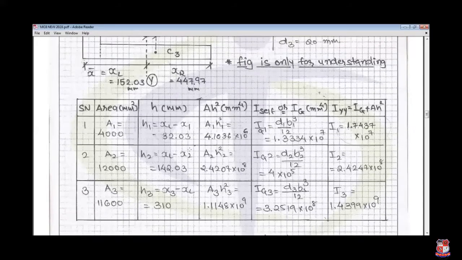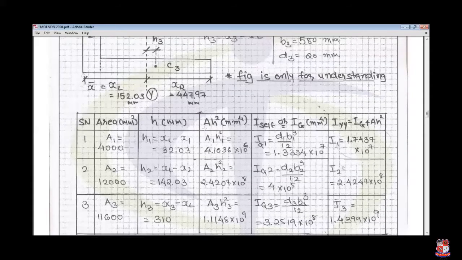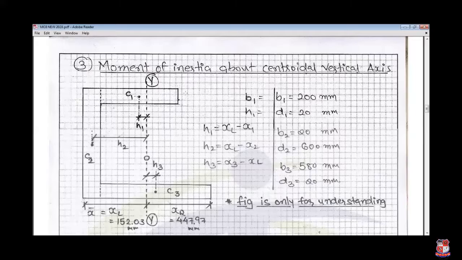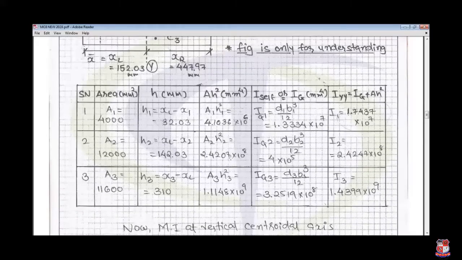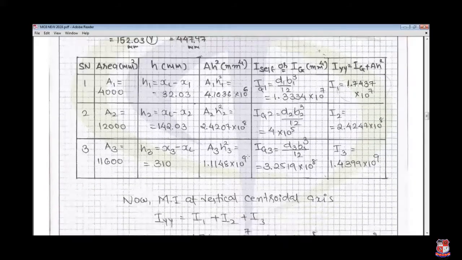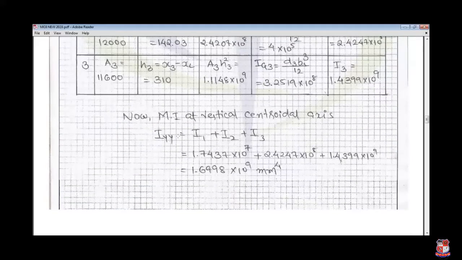So you calculate h1, h2, h3, Ig plus Ah square, again the self term. Here you have to modify: db cube by 12, whereas previously we used bd cube. So simply you can calculate from here, and easily get I1, I2, I3.